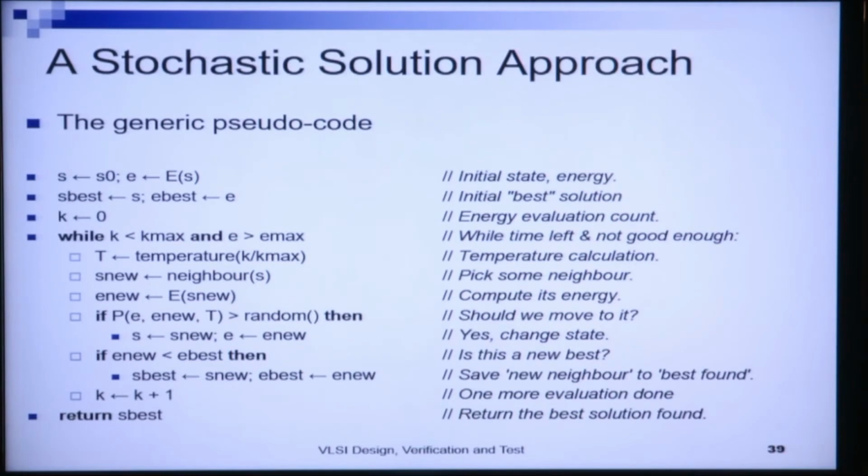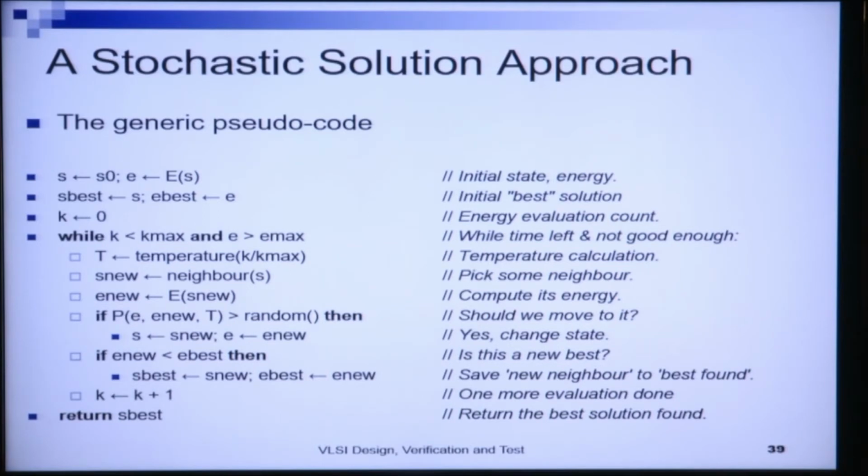When will I say that I have still not obtained a good enough solution? When the energy cost that I have is still greater than an acceptable E max. That means the area cost is greater than the maximum acceptable area that I have, and I have still not exhausted the maximum number of iterations.